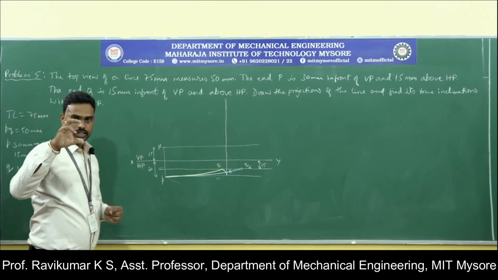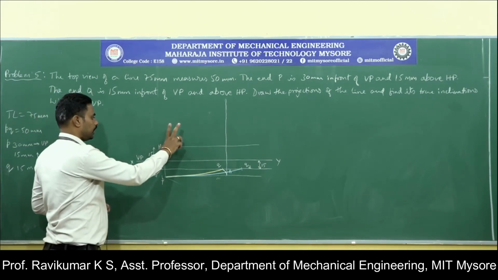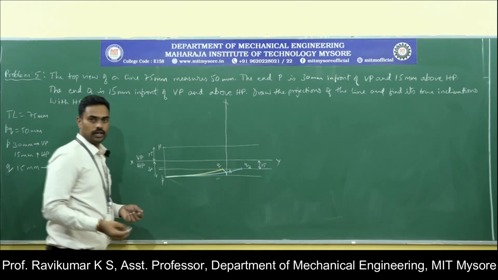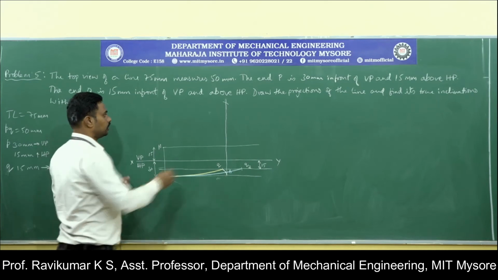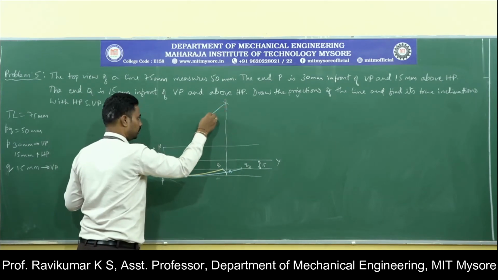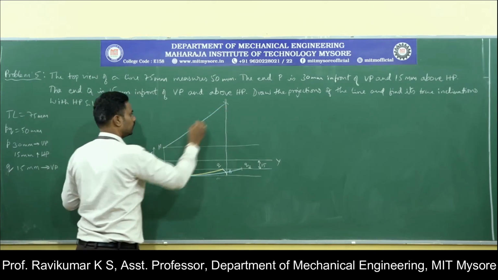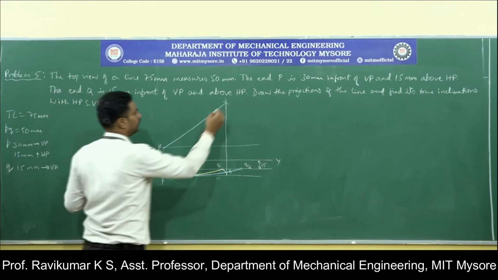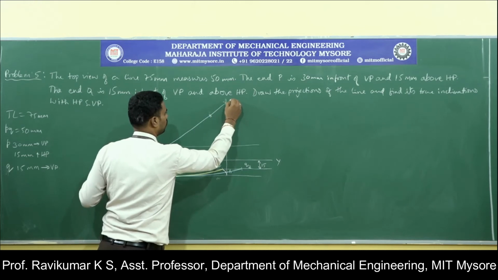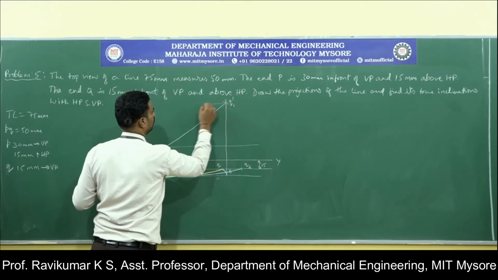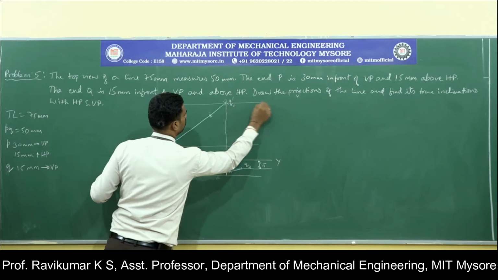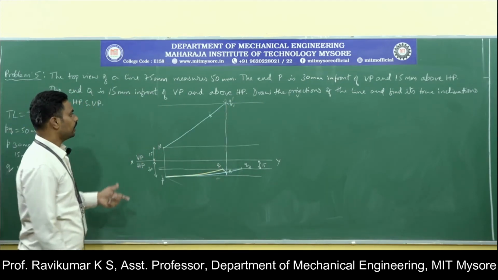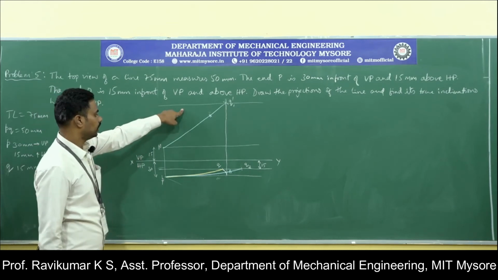Take your compass, select 75 mm distance, select P dash as center, you cut 75 mm here, you will get the true length. So join these two to get the true length. This is the true length. Now once you get the true length and this point P dash and Q1 dash, you just draw a locus with that point. Then you need to get the apparent length here.